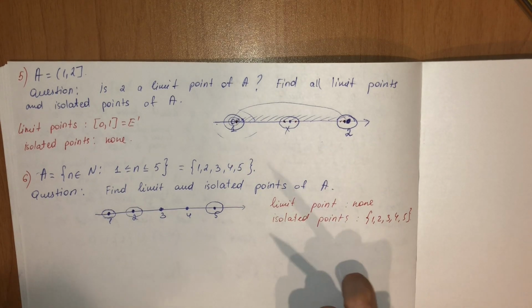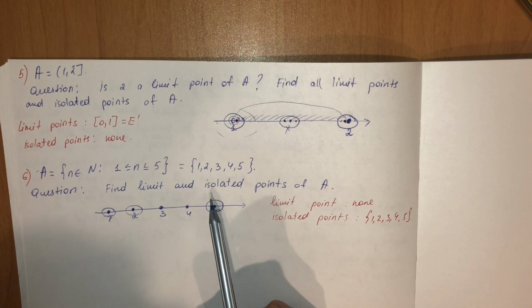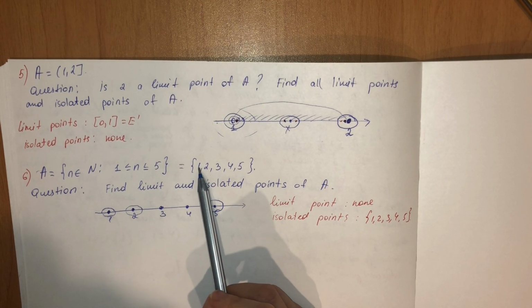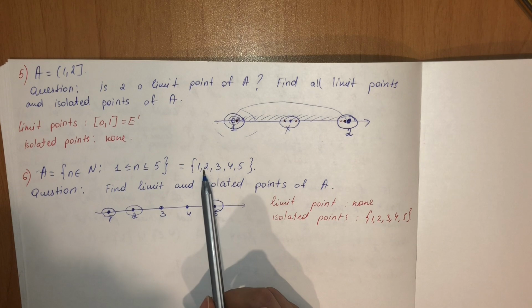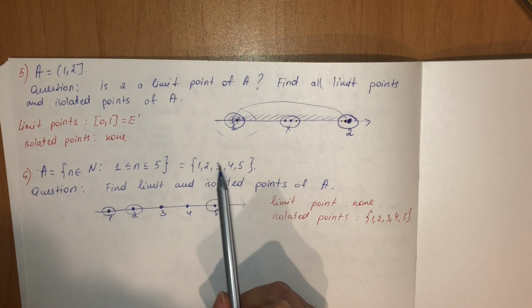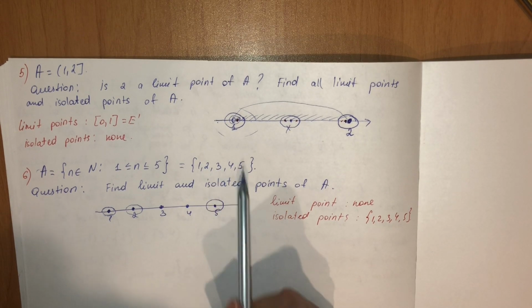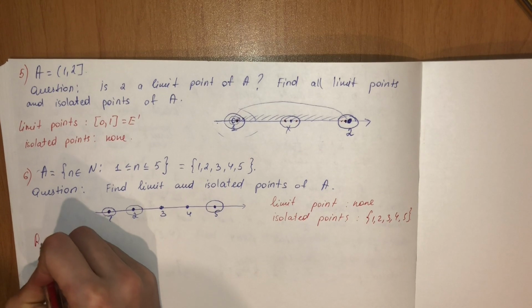A remark: a finite set has no limit points. Okay, it's clearly seen that A is a finite set. We can count the elements. The cardinality is 5: 1, 2, 3, 4, and 5. This is a remark.